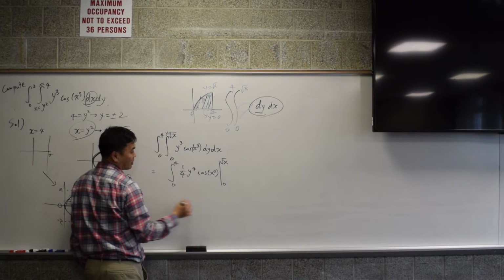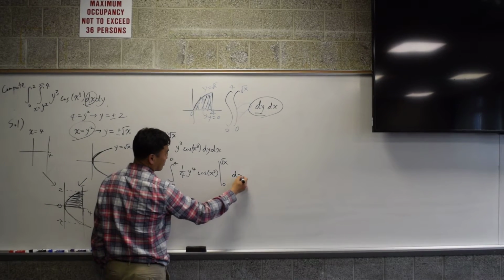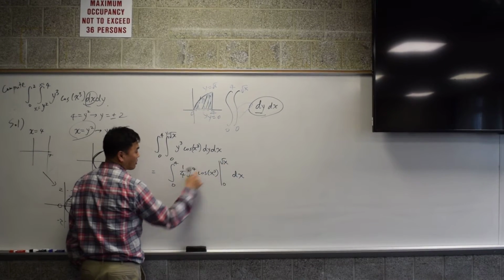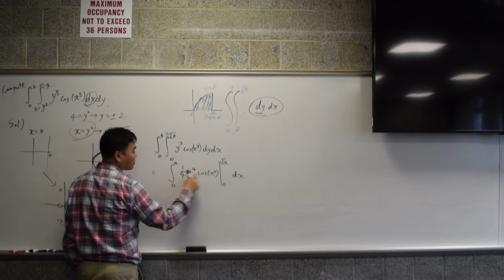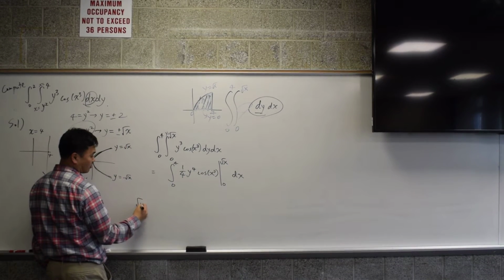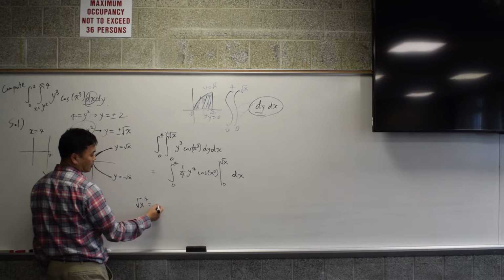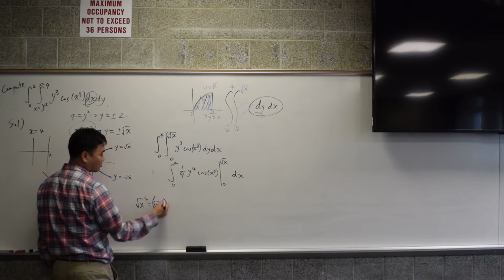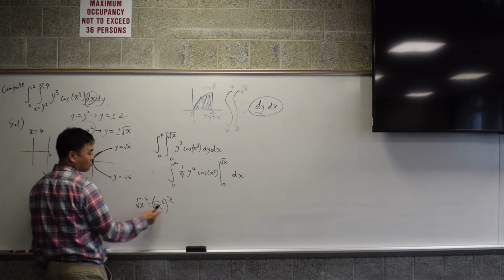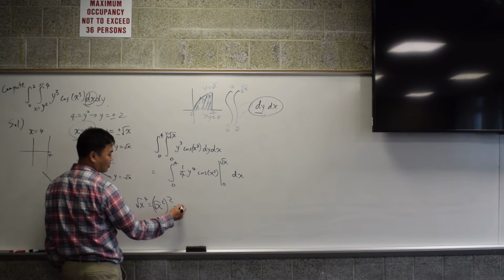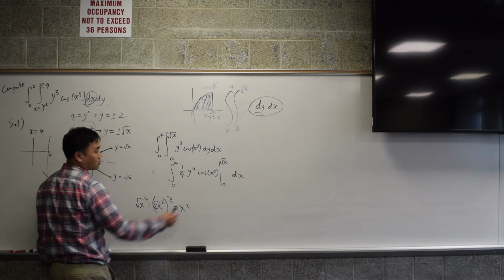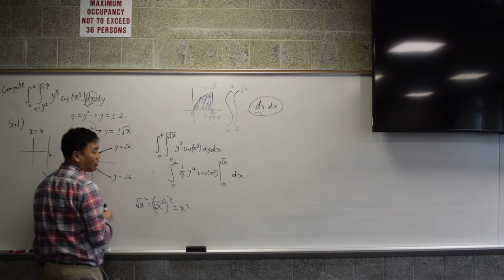Only into y, okay? So you still have to integrate with respect to x. So 0 to 4 stays here, and you still have to integrate by x. And then square root of x should go in here. Now what's square root of x to the 4th? That's square root of x squared and then squared, right? 4 is 2 times 2, so it's x squared.